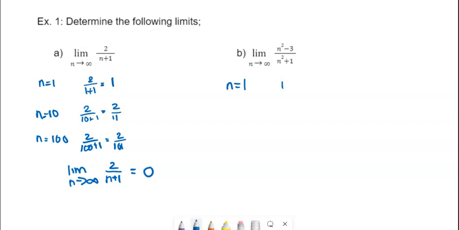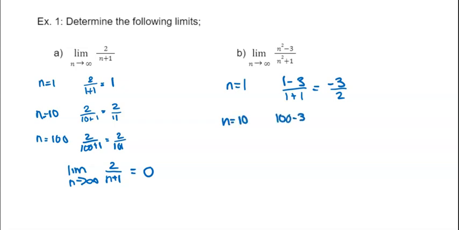So if n is 1, then I have 1 minus 3 over 1 plus 1. So that's negative 3 over 2. If n is 10, then I would have 100 minus 3 over 100 plus 1. So that's 97 over 101.